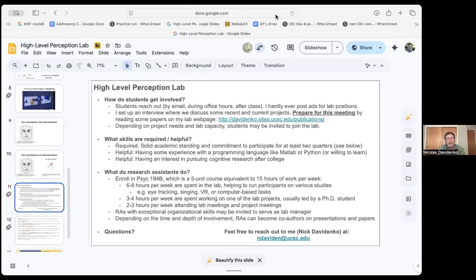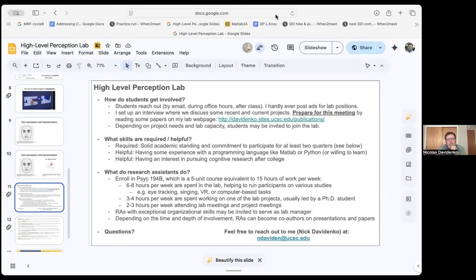There's just not enough room or enough things for people to do. So I have to limit it to a certain number of people. And when it comes time to make choices, people who are more intrinsically interested in research and potentially pursuing a research-oriented career are given some priority.